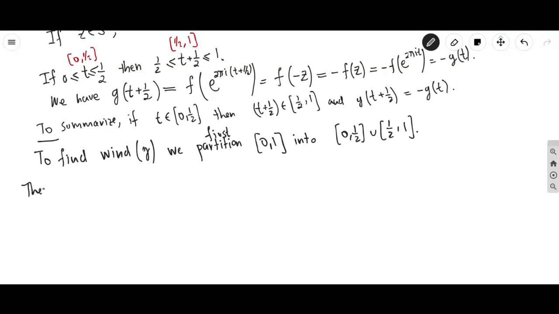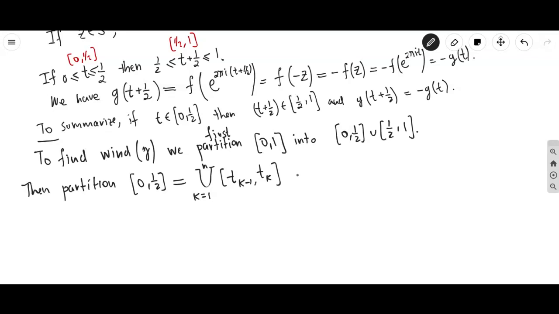And then we're going to partition 0, 1/2 into a union of subintervals. Let's call these subintervals tk minus 1, tk, where k goes from, let's say, 1 to n. N is just how many subintervals we have.